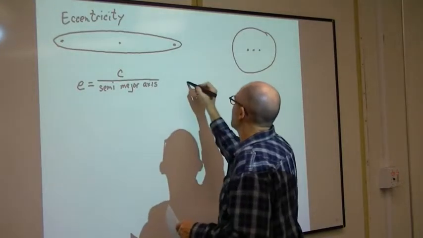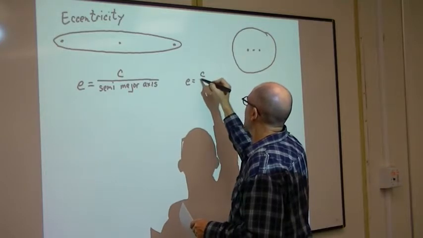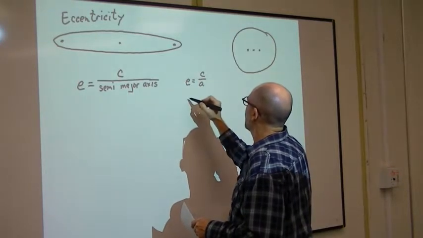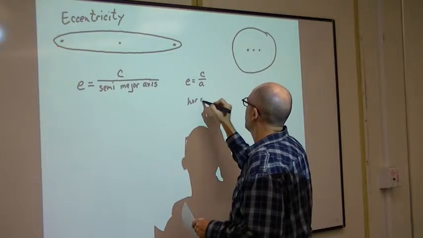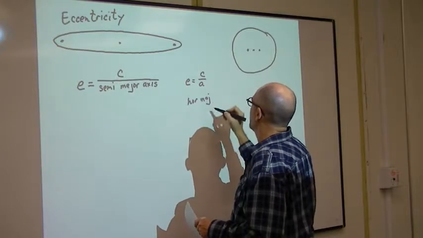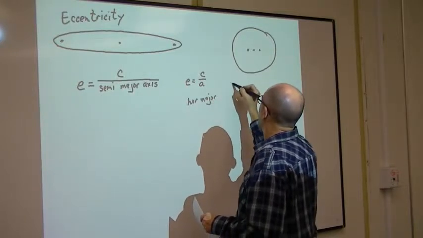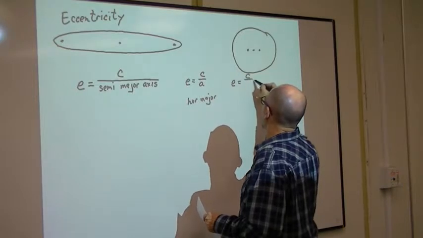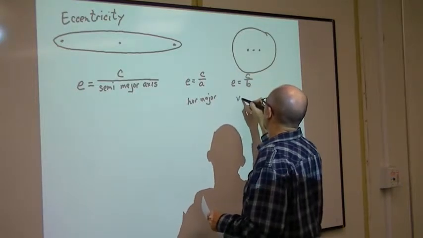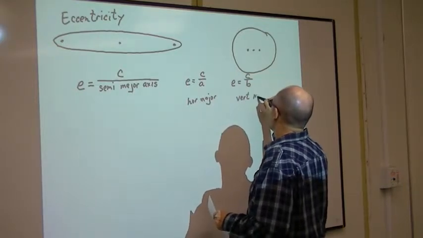So that means E equals c over a for the horizontal major, or E equals c over b for the vertical major.